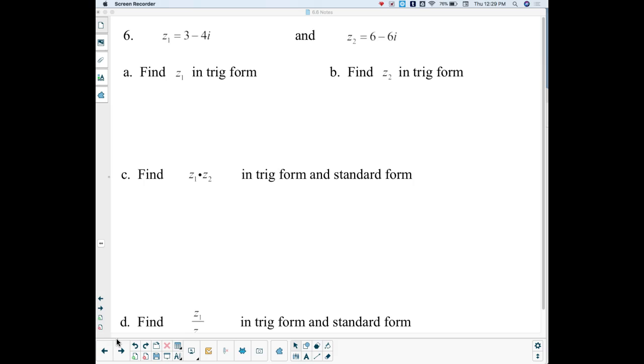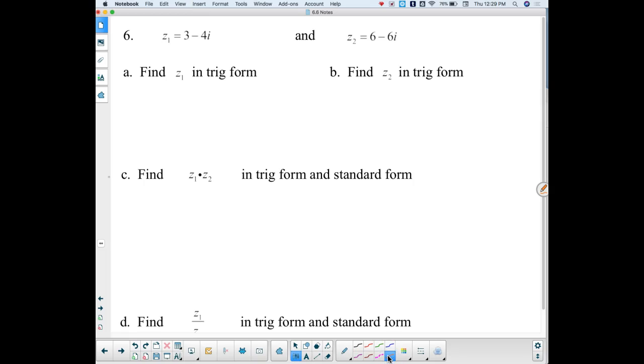Okay. So, from yesterday, we should have found that z sub 1 in trig form was 5 times the cosine of 306.9 degrees plus i times the sine of 306.9 degrees.